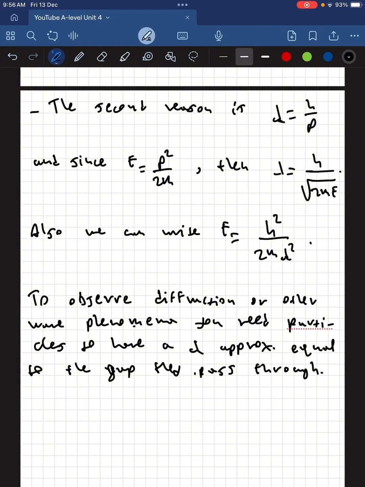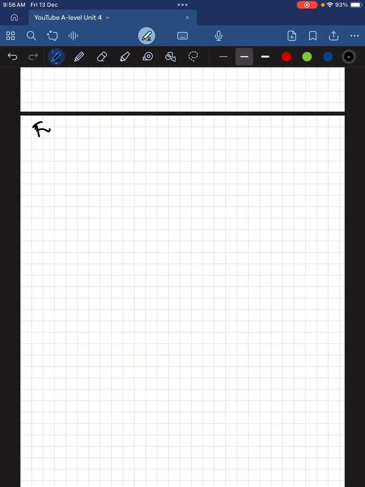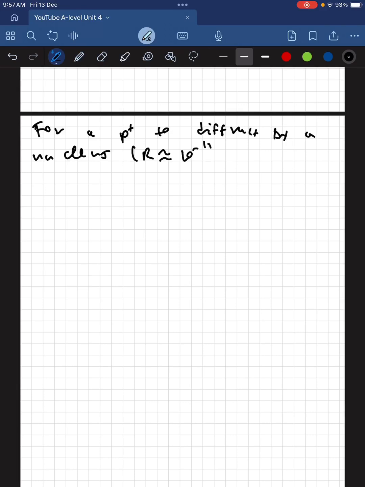So if we're talking about the proton passing through a nucleus, for example, let's do this example. So for a proton to diffract by a nucleus, which has a radius of about 10 to the negative 15 meters, we need lambda to be about 10 to the minus 15 meters, right?